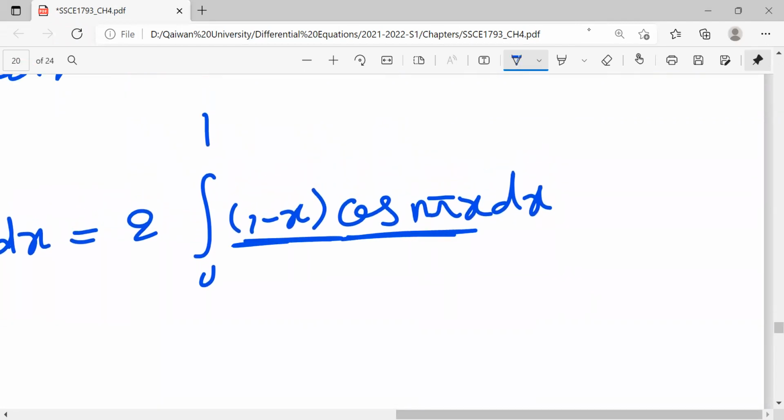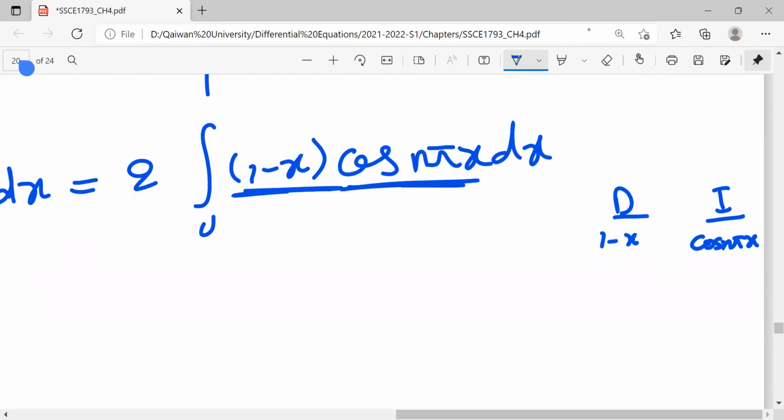It's the multiplication of two functions, so we use the D and I method. It's 1 minus x, and this is cosine n pi x. The derivative of 1 minus x is minus 1. Another derivative is 0. The integration of cosine is sine, but the derivative of the angle is n pi, so it's 1 over n pi sine n pi x.